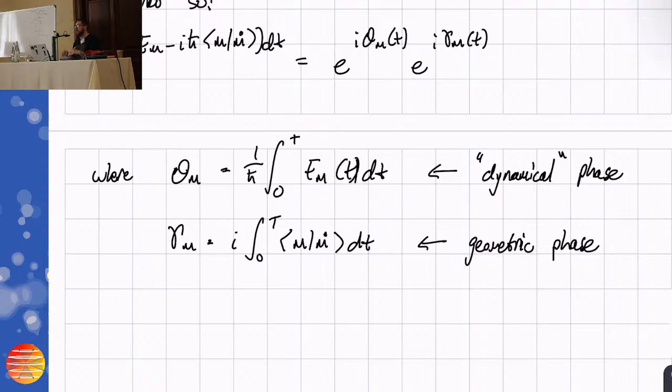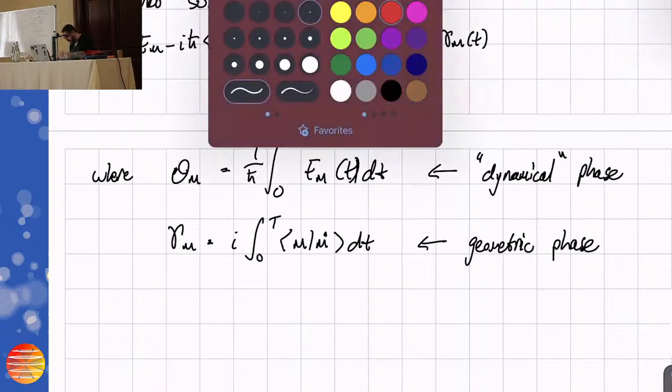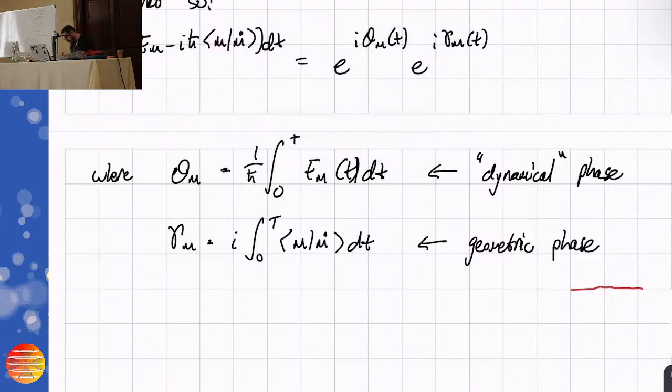Something that was largely neglected, took us 60 or 70 years to realize, no, actually there's something there for us to look at. So, okay, that's just a little aside. If you ever hear or see stuff referring to geometric or Berry phases, that's the guy that we're talking about.